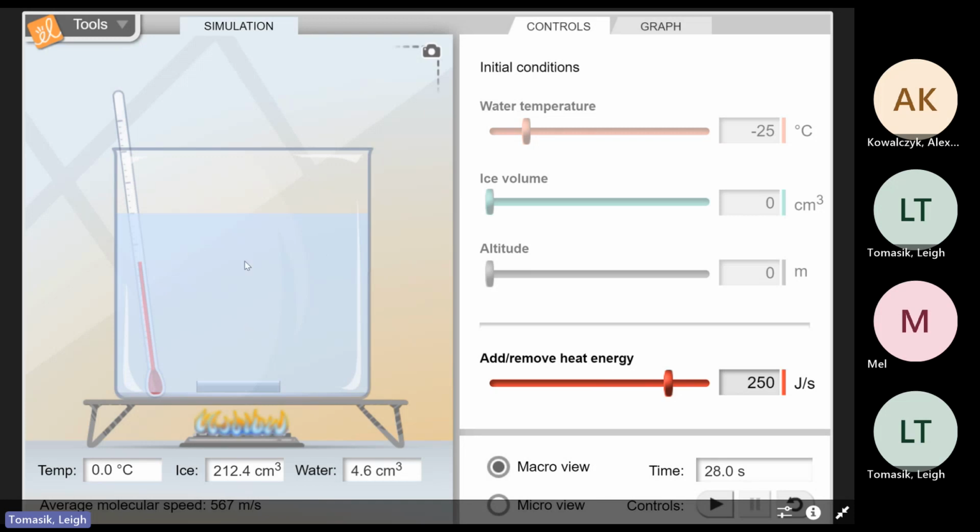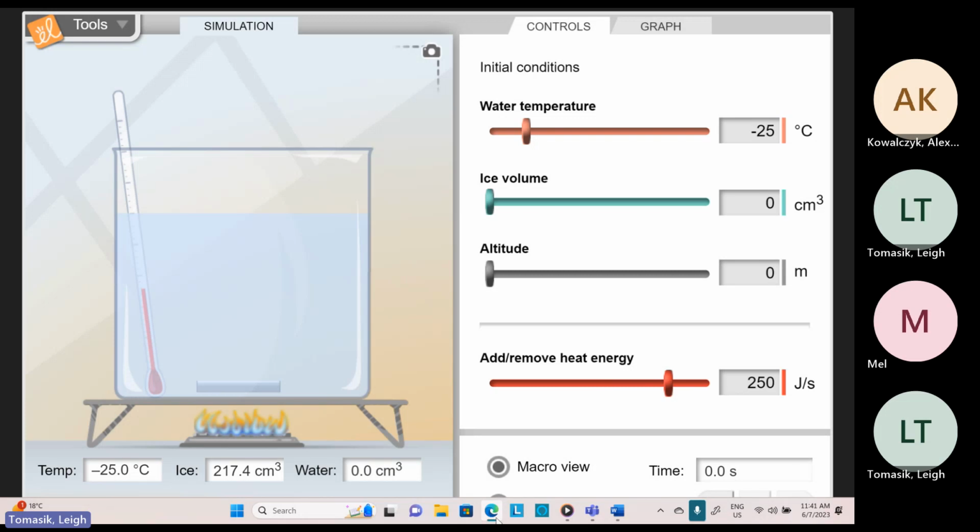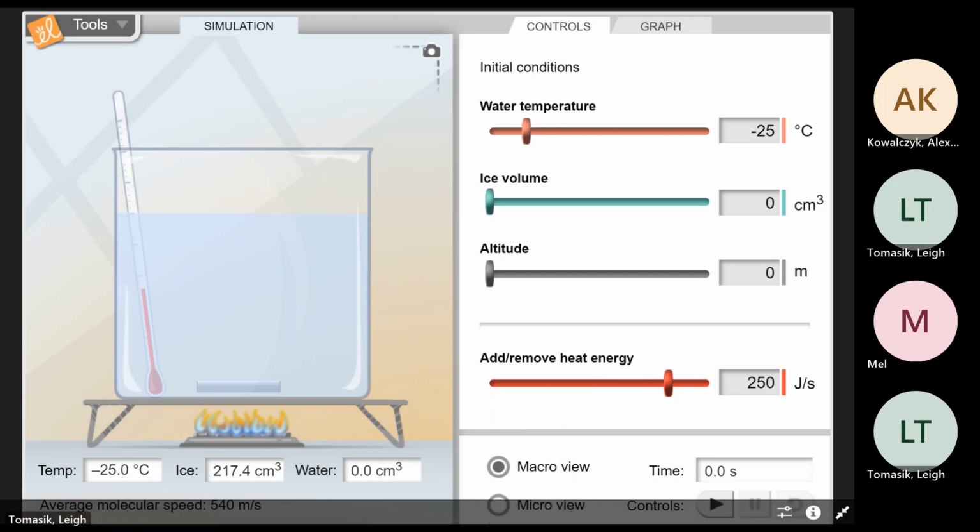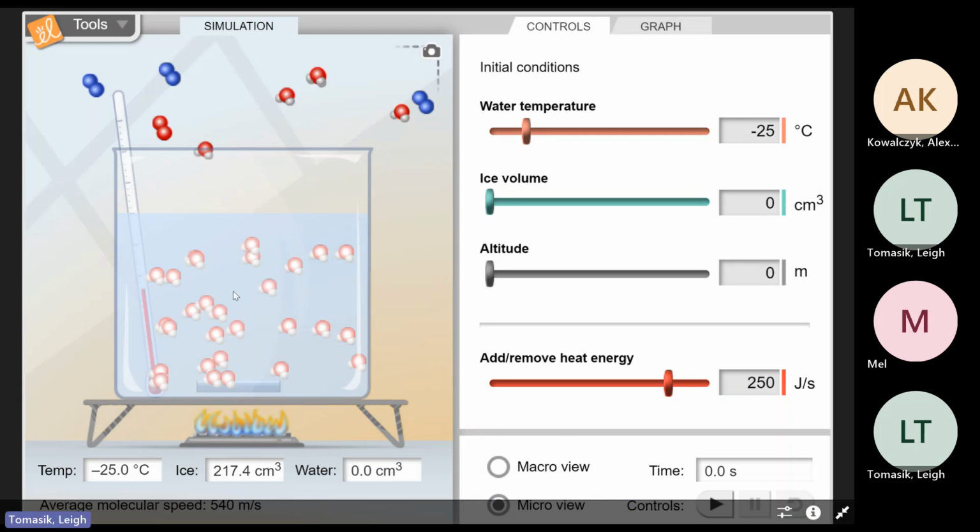But while it's changing from ice to water, you'll see the temperature stays at 0 degrees Celsius.